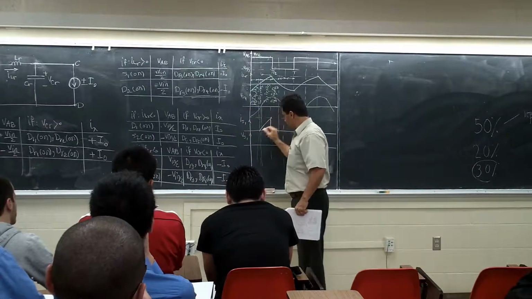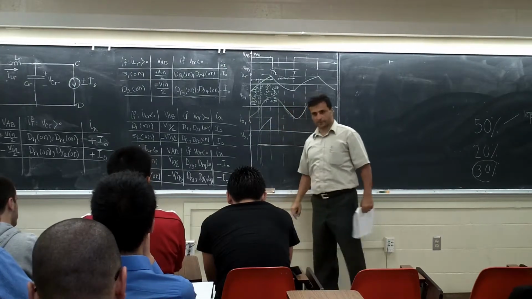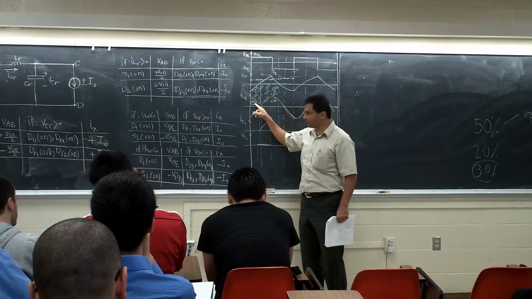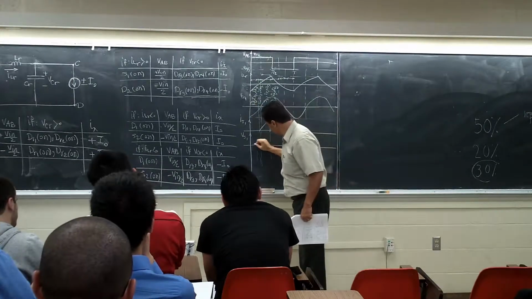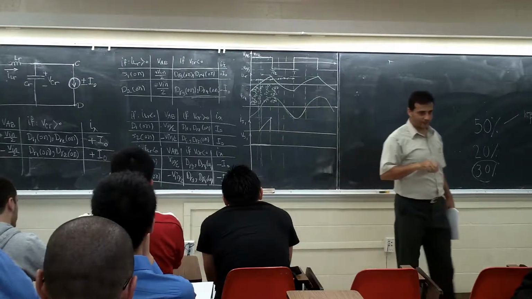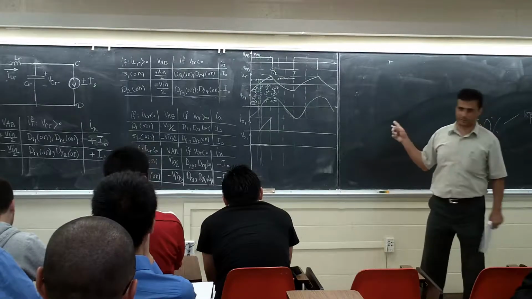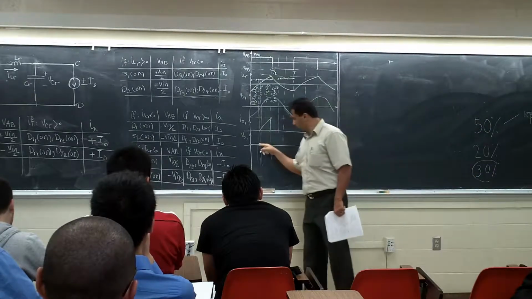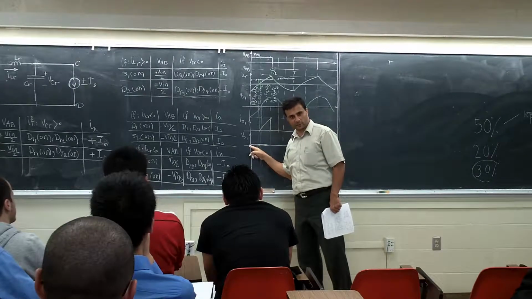So during this time, how much was VS1? Because it's on, right? Look at here. Who is on? D1. So basically, it's 0, right? If the D1 is on, these graphs are not in your book, just to let you know. And because the D1 is on, still the voltage is here.